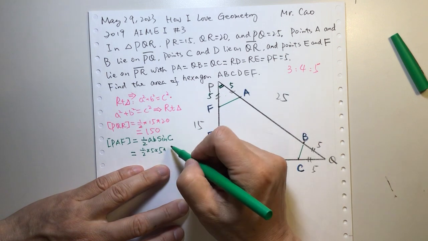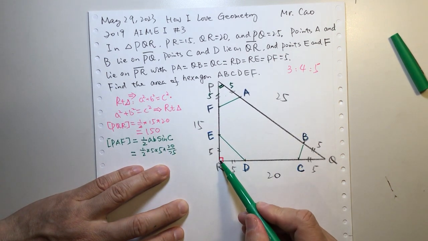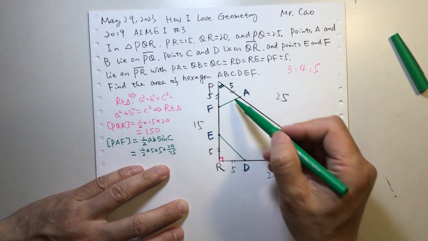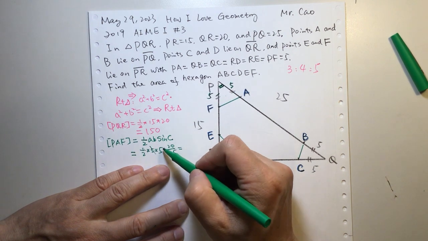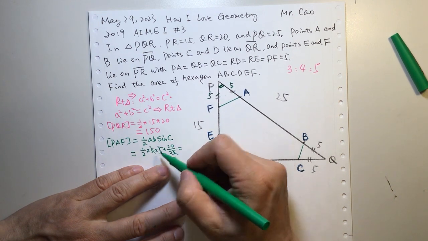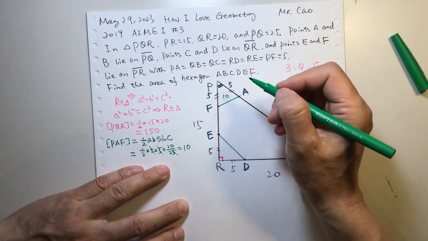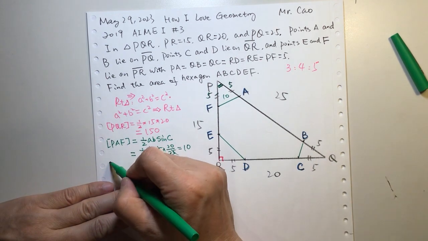So it's 20 over 25, that's QR over QP. So 1/2 times 25 times 20 over 25 is 1/2 times 20, which is 10. This area is 10.